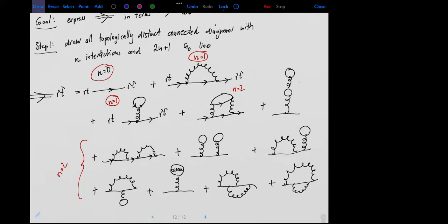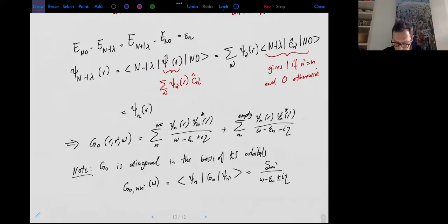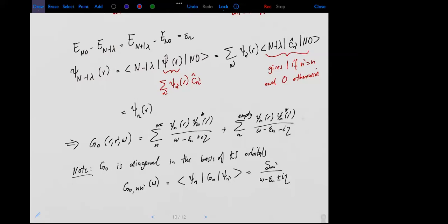Yeah. Okay. So I got another one, and if we just go back to the previous slides. This one? Yeah, this one. How do you actually get the last equation? Because G0 is a non-local object, and you just sandwich it in between two states.